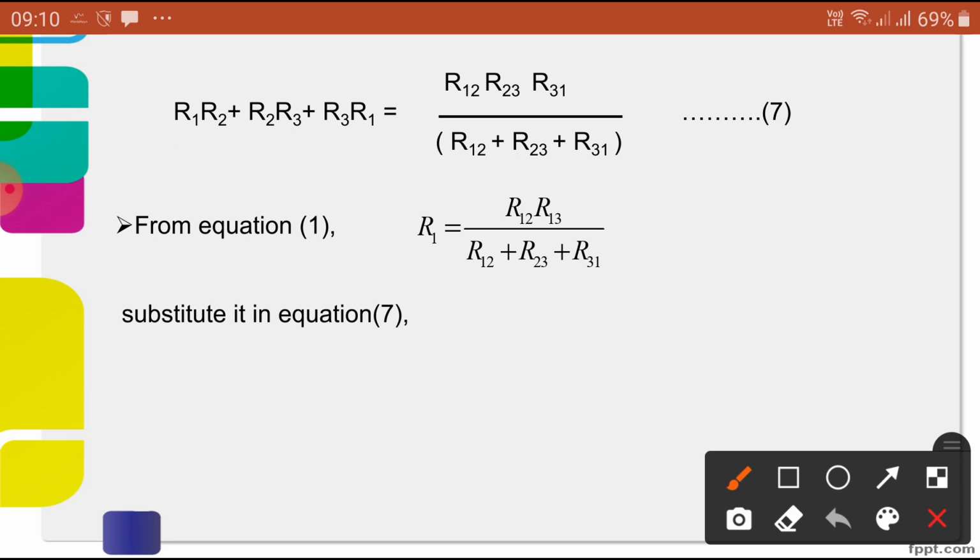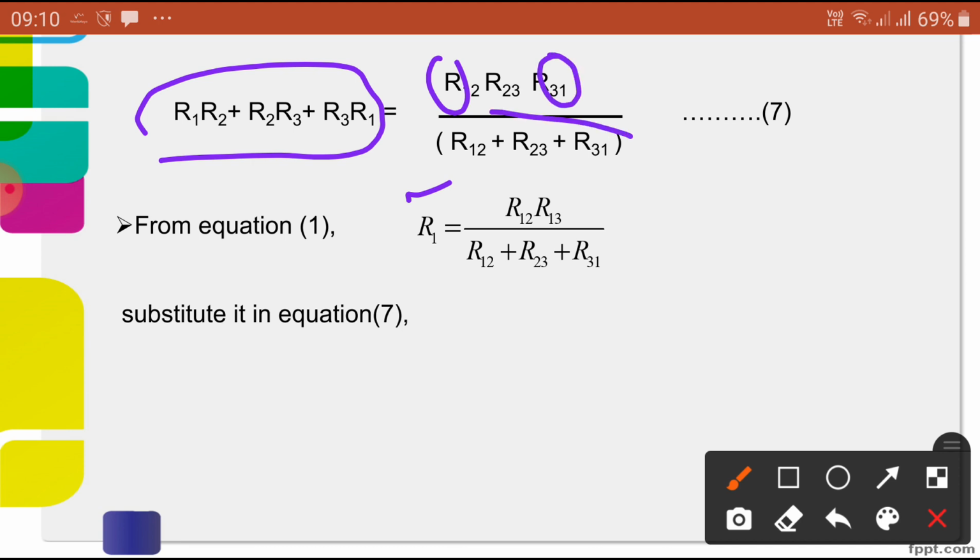Here you can observe that R1, R2, R3 equal to this value. Where R1 is substituted from the equation, R12 R31 divided by this value equals R1. Simply you can see it: R12 R31 divided by R12 plus R23 plus R31. So this value is replaced by simple R1.